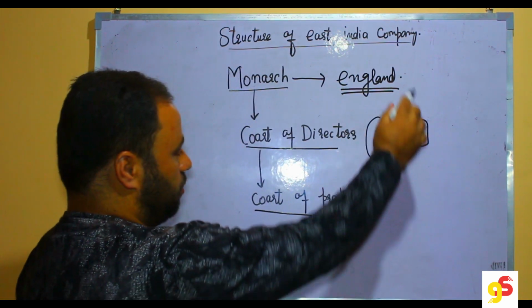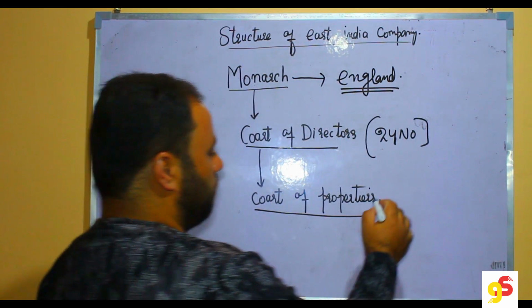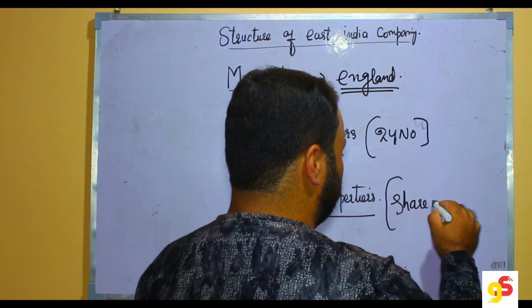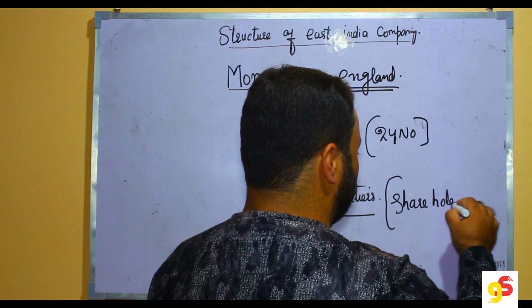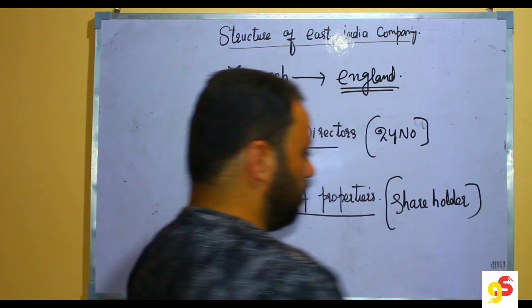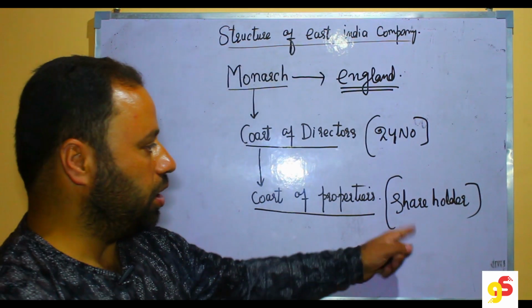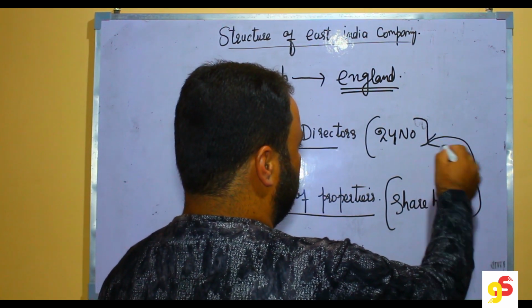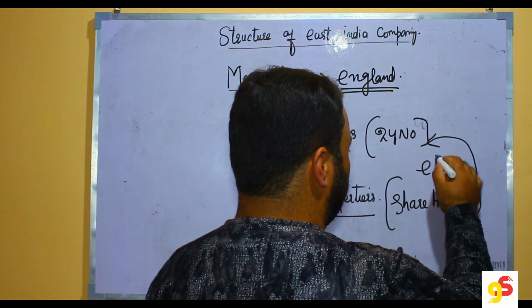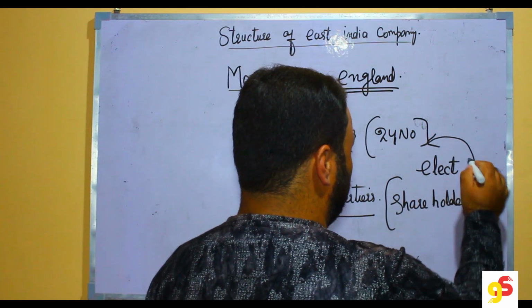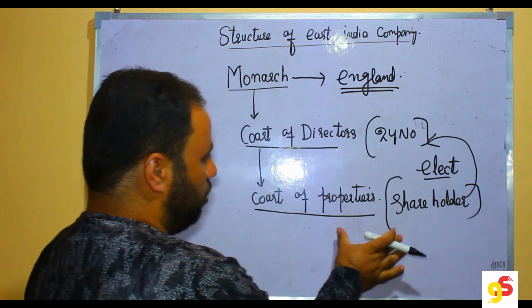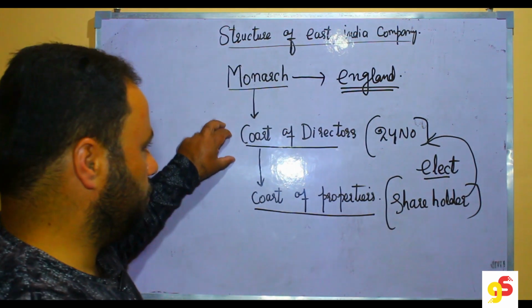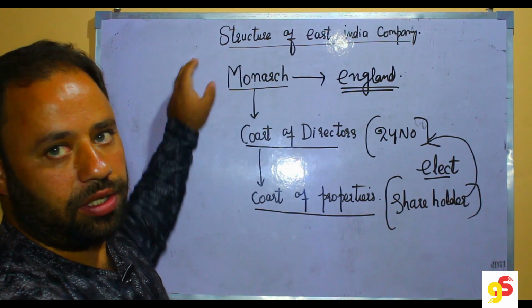So it was the structure of the company. These court of proprietors were shareholders. Every company has shareholders. Via election, these shareholders used to elect the court of directors. This was the structure of the East India Company.